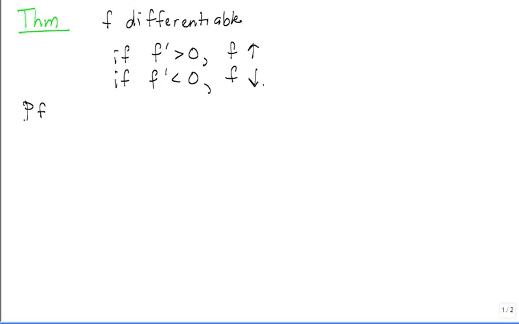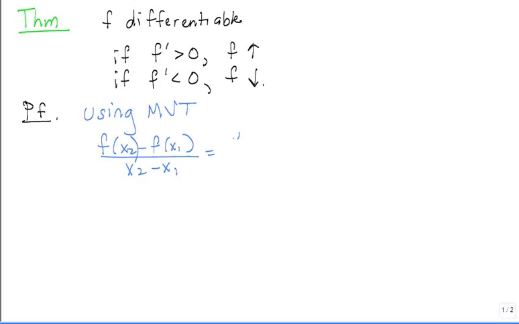And let's prove that using the mean value theorem. Remember the mean, or the average, which was this, equals f prime of c for some c in x1 or x2.